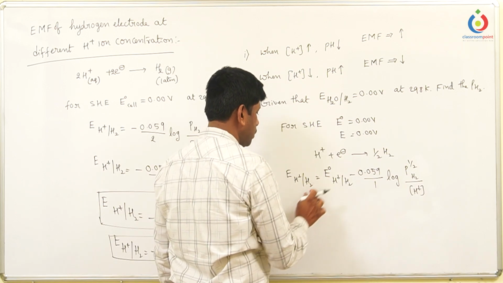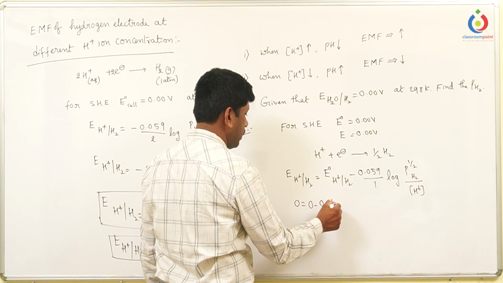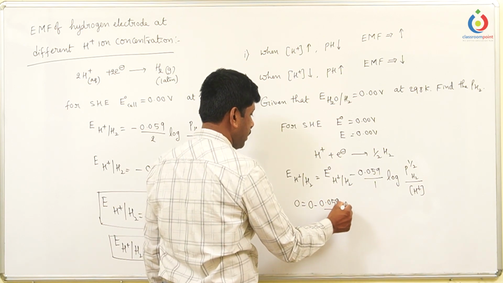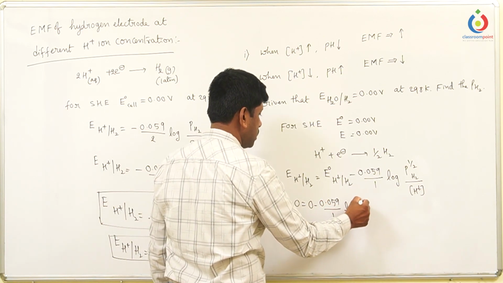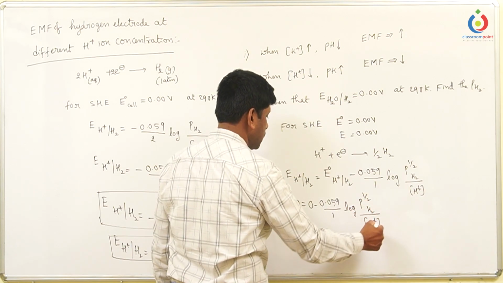These two values are 0. So I take 0 equals 0 minus 0.059 by 1 into log of partial pressure of hydrogen by concentration of H plus ion.